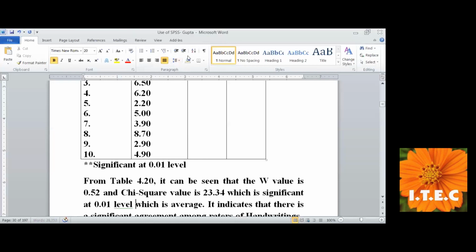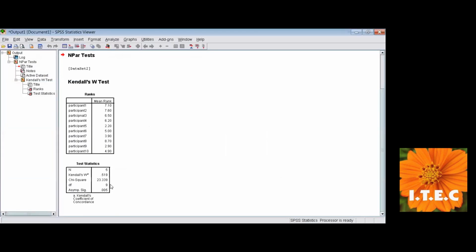And now you can see, degree of freedom is 9. Why? Because there are 10 participants. So 10 minus 1 is 9. So you can say with degree of freedom equal to 9.